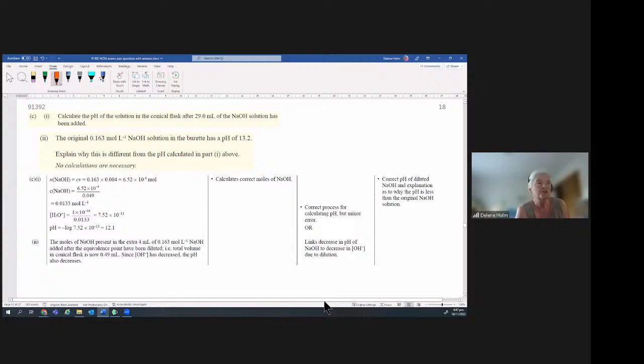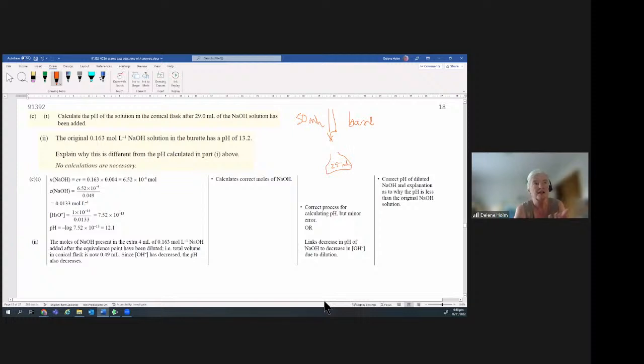So we've got the original sodium hydroxide that we're adding all the time, which is 13.2. So in the graph, why does it never reach 13.2? The reason is, of course, you've diluted it with the original amount of acid. So if I've got my base in my burette and I add 50 mils of that, I've started off with 25 mils of acid.